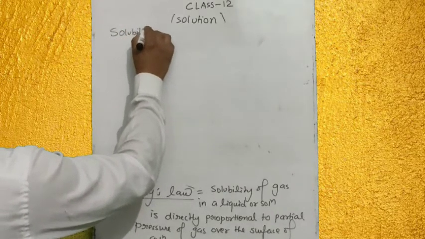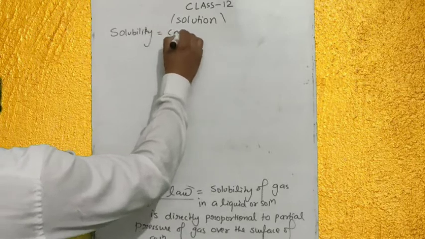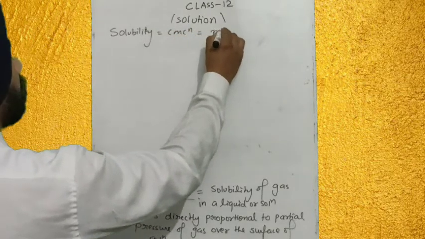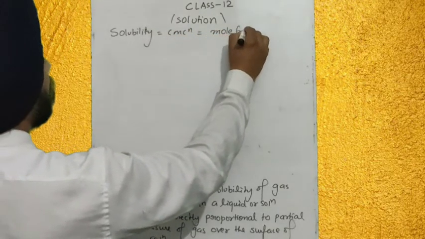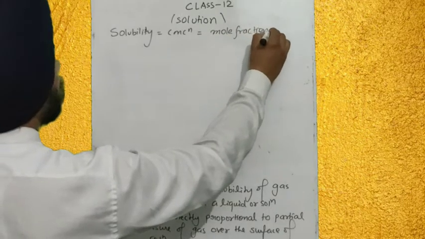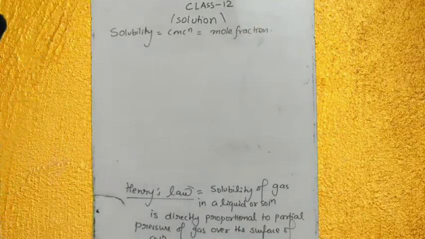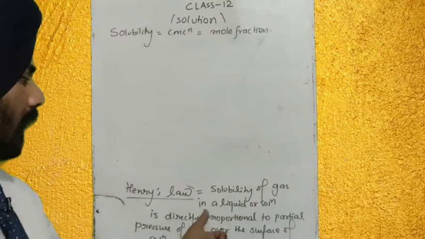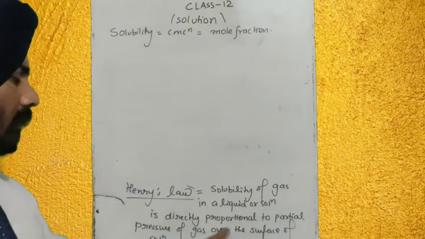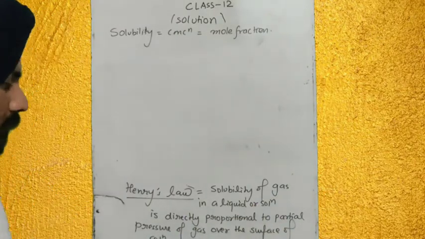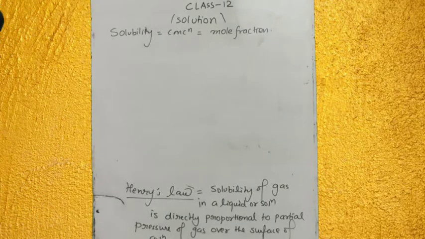Solubility is the concentration, and concentration we can measure in terms of mole fraction. So here we can write it as: the mole fraction of a gas in a liquid or solution is directly proportional to the partial pressure over the surface of that solution.